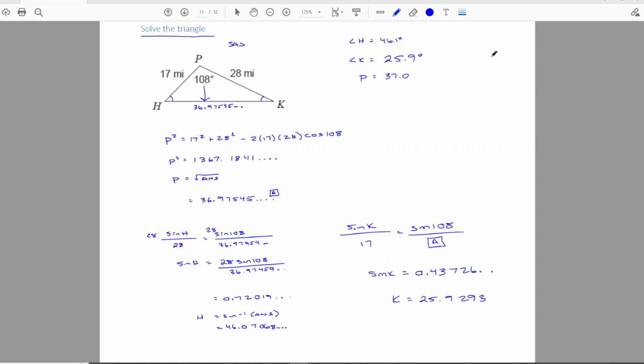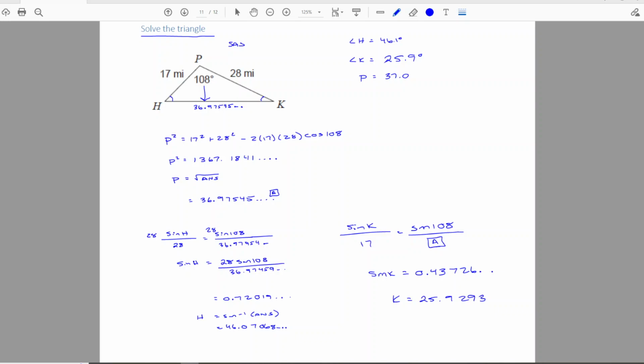Then I can just double check. So I'm going to take that 25.9, add 37 and add 108, and check to see I get 180. And I think I said that wrong. I think I actually added side P into that. I was like, why isn't this working? So 25.9 plus 46.1 plus 108, that should give me 180.